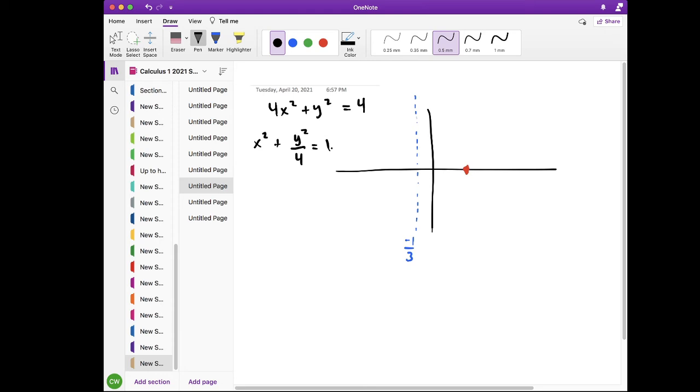So actually, let me plug it into Wolfram Alpha. Let's see what they say. Give me a second. I just want to see this.